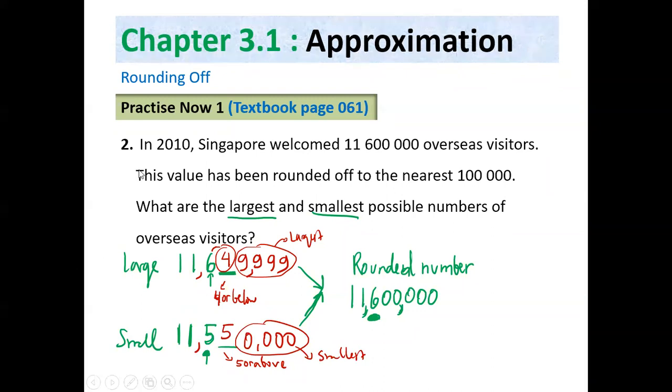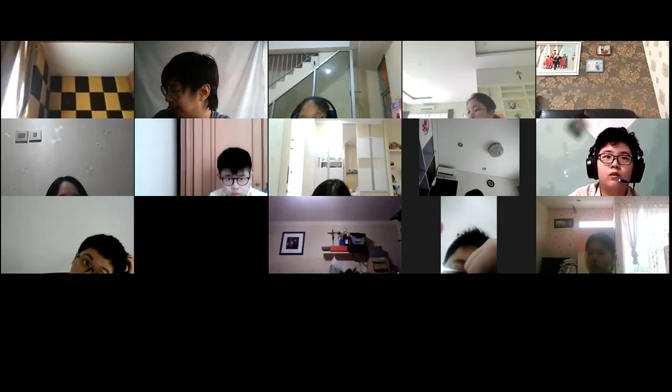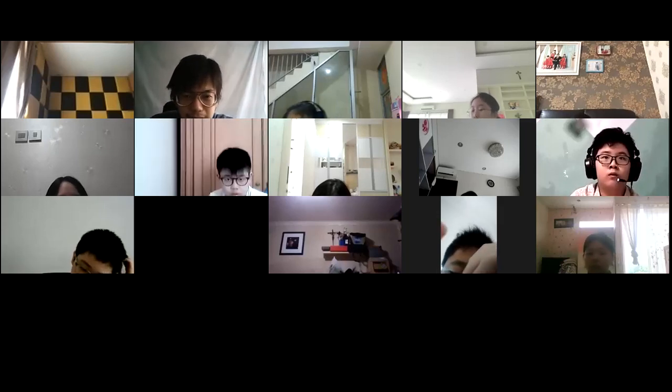Okay, I will copy this, the rounding off, because there is no formula in this explanation. Wait, I have to open the PowerPoint. I mean the PDF. I mean the Word, the rounding value.